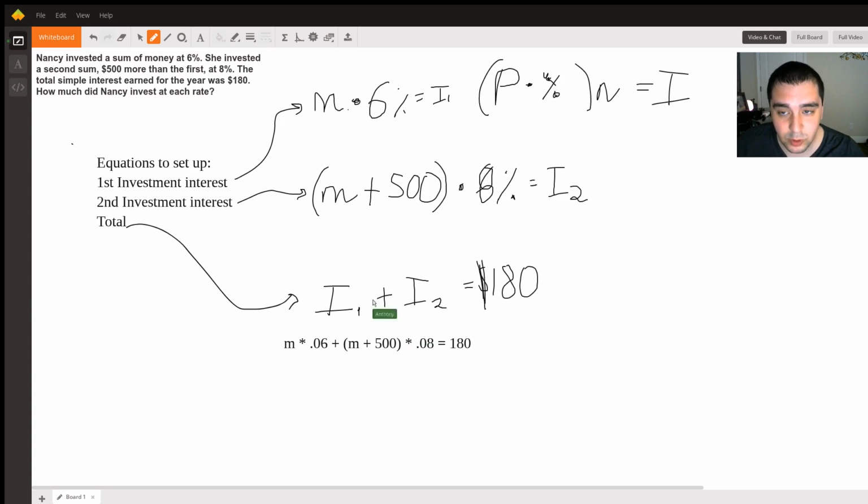So we're going to just distribute first. So now we have M times 0.06 plus M times 0.08, or you know what, why don't we write this with coefficients, so 0.06 M plus 0.08 M, right?